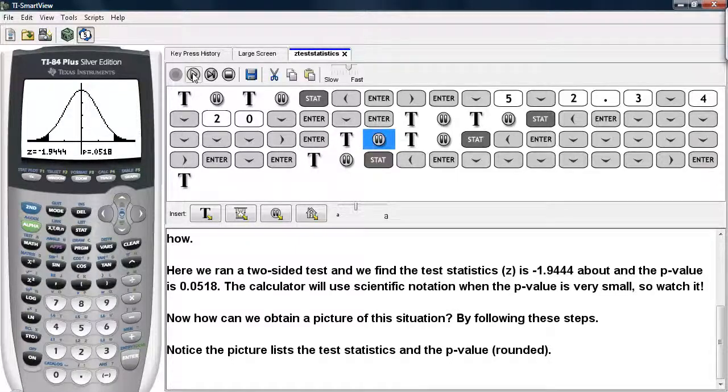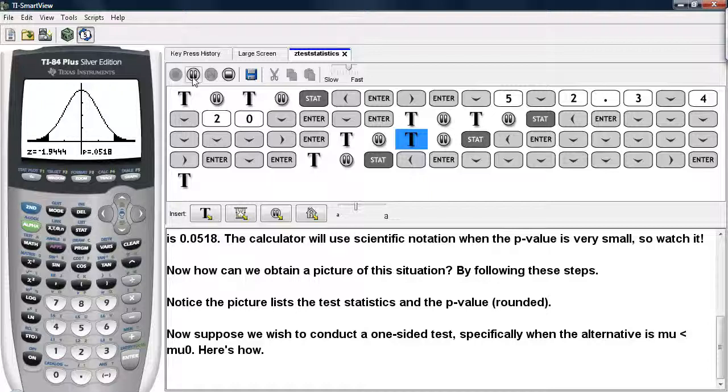Now remember, a two-sided alternative means that we're going to shade on both sides of this normal curve. The test statistic tells us where our sample average fell, and the p-value is the total area shaded under the curve.